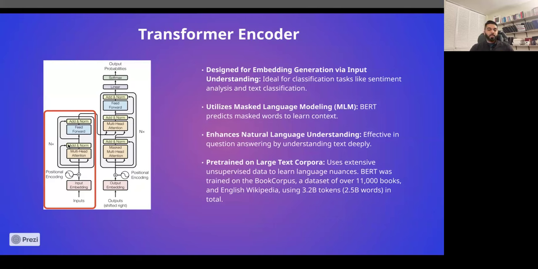RoBERTa was another landmark model that built upon BERT and trained on a lot more data because it said BERT was undertrained. And then that further made encoders or embedding models pretty popular. And we've got a whole lot of new embedding models now. And as you'd imagine, with these embeddings that are semantic representations of the input, we are able to carry out a whole lot of different use cases, right?